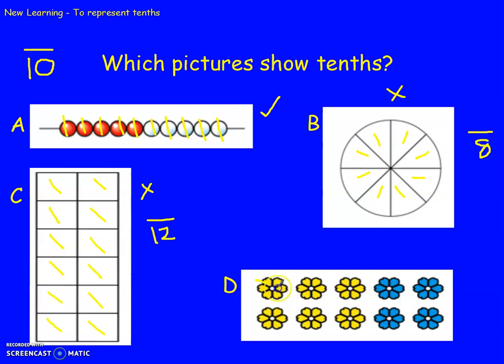Let's have a look at D. We've got 1, 2, 3, 4, 5, 6, 7, 8, 9, 10. So that one would represent a tenth because our denominator would be 10. For example, there are 4 blue flowers, so 4 tenths are blue.